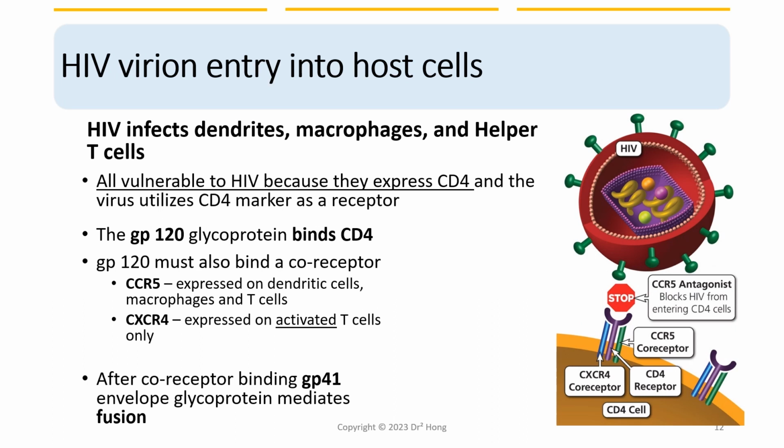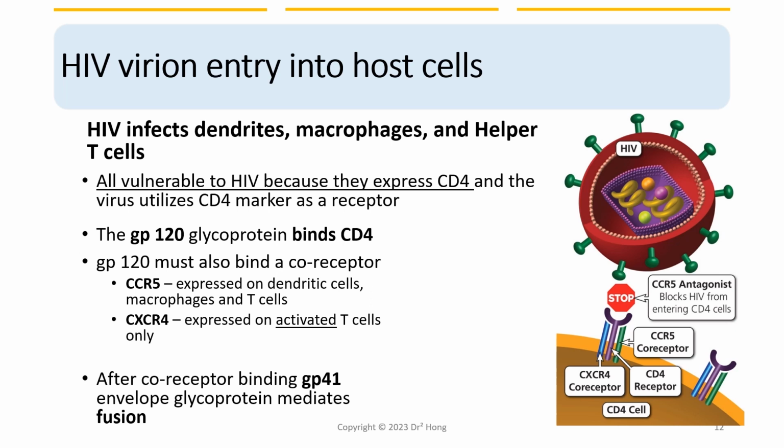HIV infects dendritic cells, macrophages, and helper T cells, which are vulnerable to infection because they express the CD4 receptor that the virus utilizes for entry. The GP120 glycoprotein of the virus binds to the CD4 receptor, but it also requires the binding of a co-receptor to facilitate viral entry into the host cell.